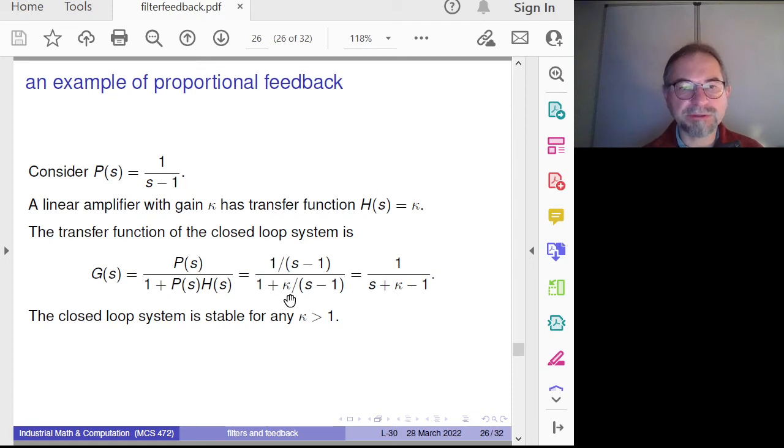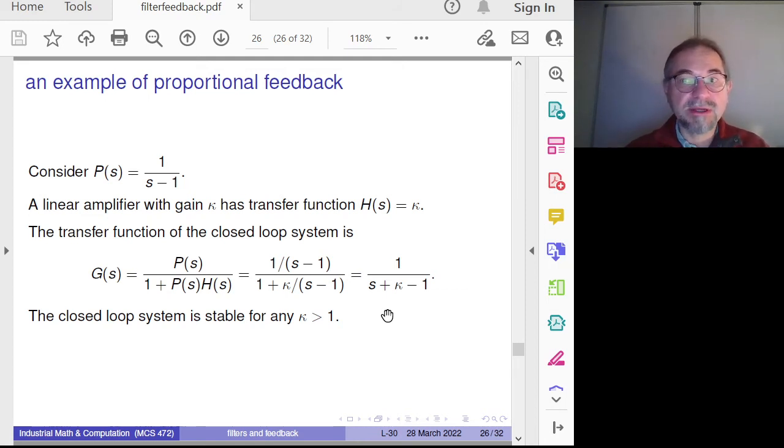After some simplification, if we bring the s minus 1 from the numerator into the denominator, you see that there is a very simple form of the closed loop function, and the closed loop system will be stable for any kappa that is less than 1.